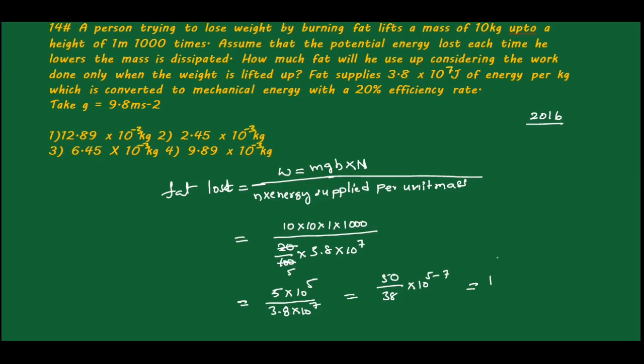If I do 50 by 38, you will get roughly 1.31 into 10 power minus 2. So you can write it like this: 13.1 into 10 power minus 3, and this is the fat loss. So he will lose this much mass during this work. But here 13.1 is approximately near to 12.89, so this is the correct answer. We'll continue with the next question.